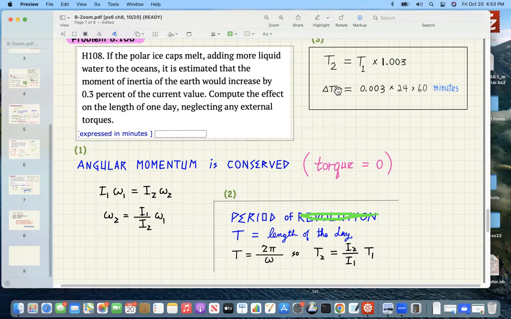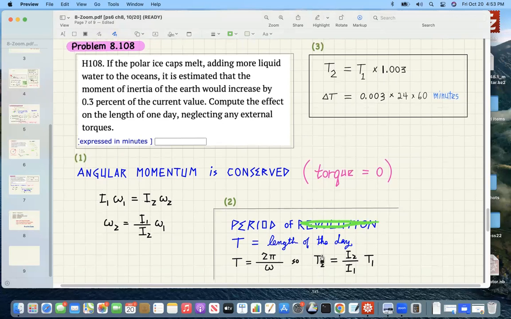So you see the third step is to look at the effect on the length of the day. Well, the length of the day will now be T1 times the ratio I2 over I1, which it tells you is 1.003, 0.3%.